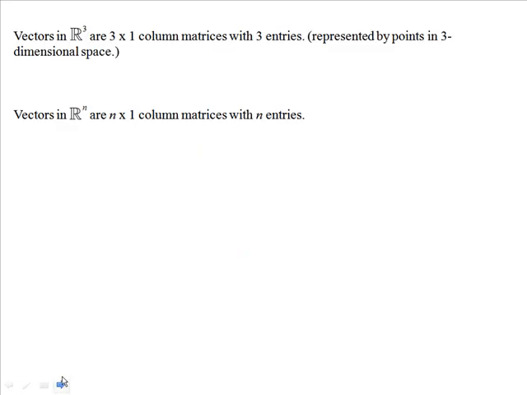Vectors in R3 space are 3 by 1 column matrices with 3 entries. So they're represented by points in 3-dimensional space. Vectors in Rn, or n space, are n by 1 column matrices with n entries. And so we would represent it this way. A vector u that's in Rn has n entries in it.